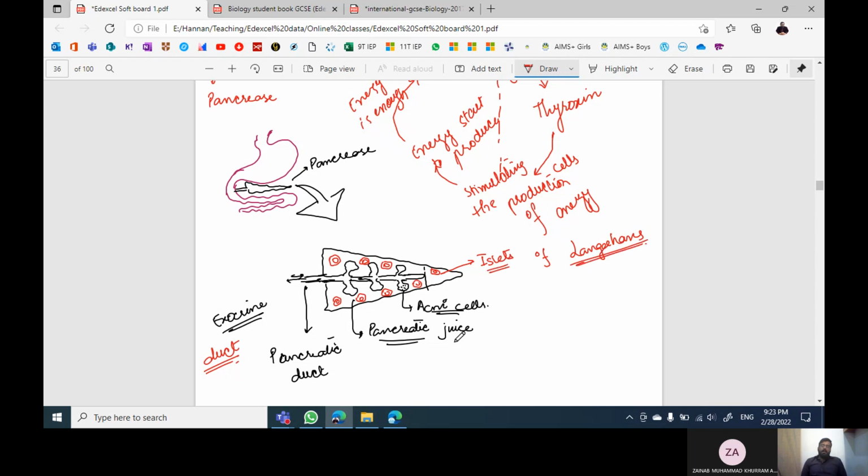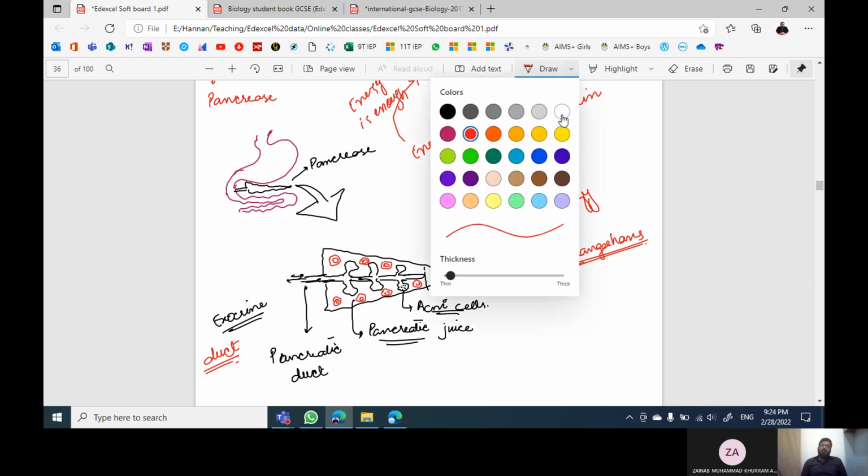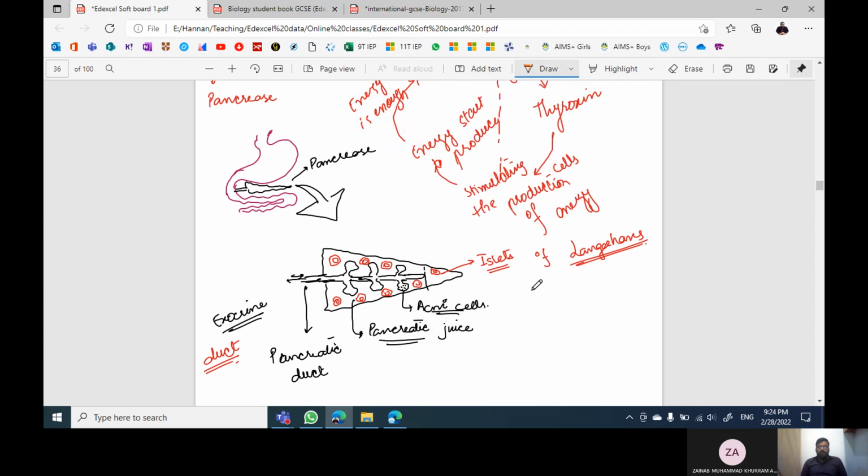Islets means small islands present in groups inside an ocean. But the important point is these islets possess two types of cells. One is called beta cells and the other is called alpha cells. These beta cells produce insulin, and these alpha cells produce an antagonistic hormone known as glucagon.